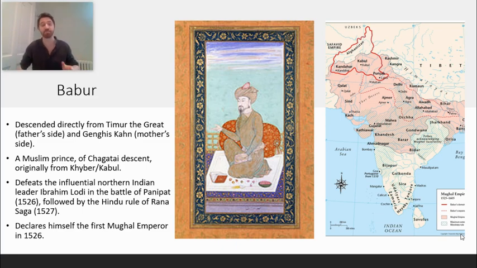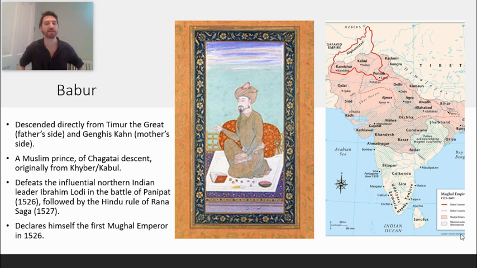And then after that impressive victory, he goes on to defeat a popular Hindu ruler called Rana Sanga in 1527. And after these two victories, he gains a lot of territory. And it's in that time period, 1526, 1527 approximately, that he declares himself the first Mughal emperor.